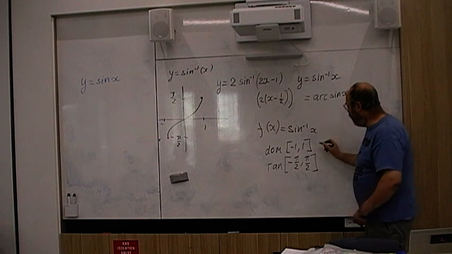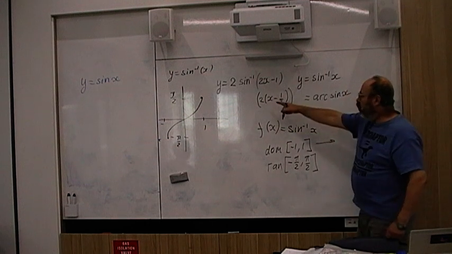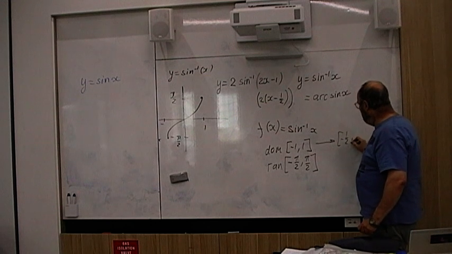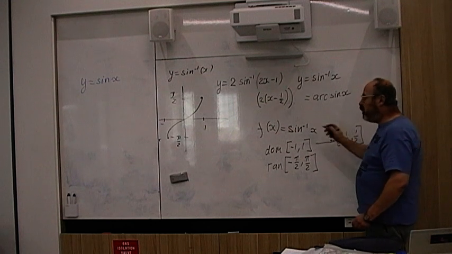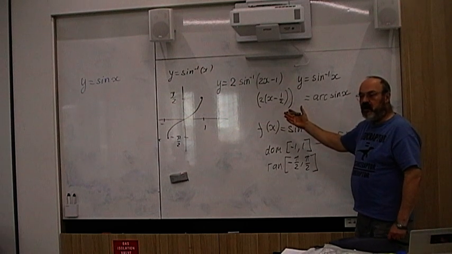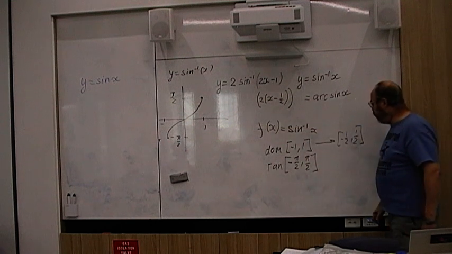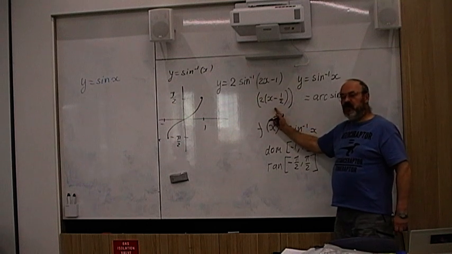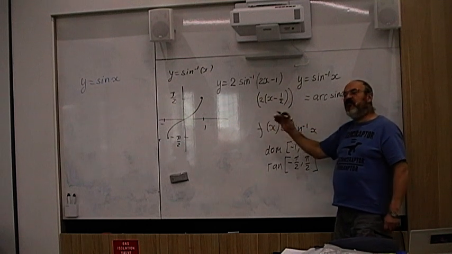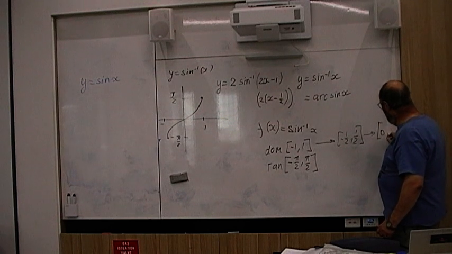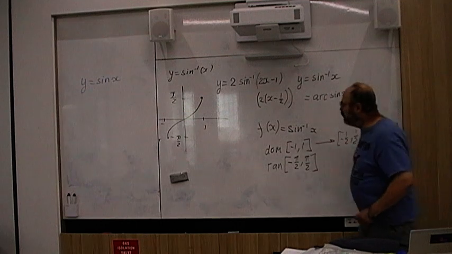So the domain will now be from negative half to 1/2. By the way, you can pretty easily have such a question in the 3-4 final exam. So domain negative half to half. Now what will the translation do to the domain? It moves half to the right, so it becomes from 0 to 1. So this is the domain.